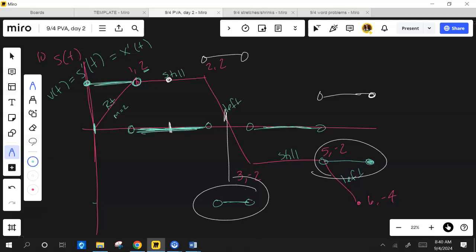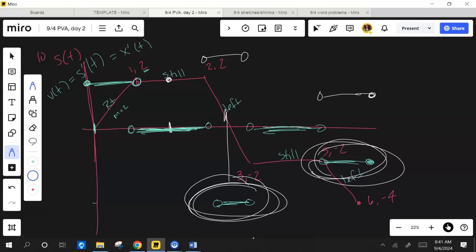This color, this is my velocity. So that's just velocity. Whenever it asks me for speed, speed takes every negative velocity and makes it positive. So it'd be the exact same graph, but everywhere it was below, it just flips, it reflects it over the x-axis.